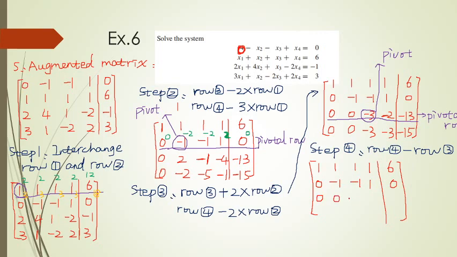Then 0, 0, minus 3, minus 2, minus 13. So the last one: 0 minus 0, 0 minus 0, minus 3 plus 3, minus 3 plus 2, minus 15 plus 13, right? That's why we have 0, because we can still keep it 0. So we get this one.